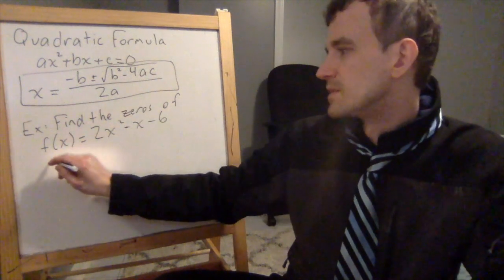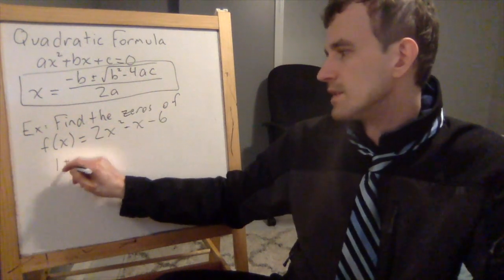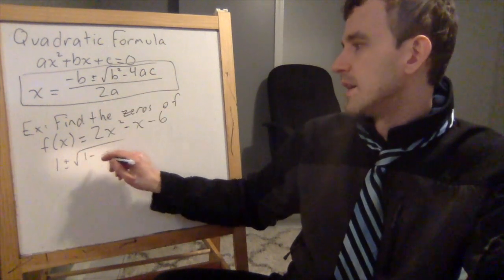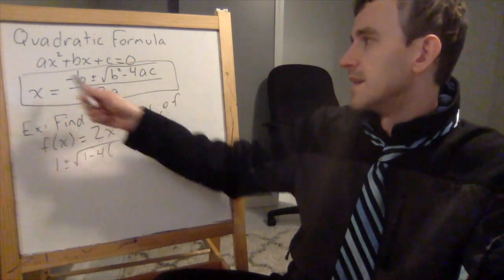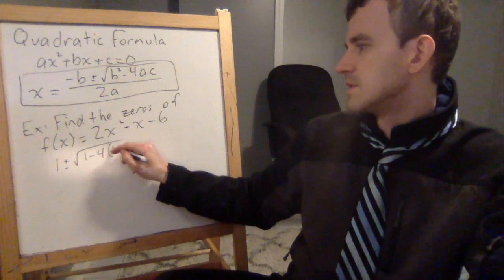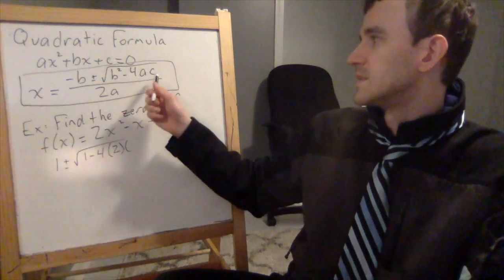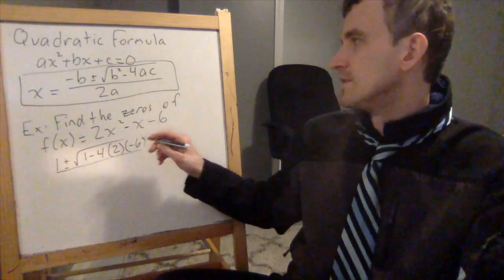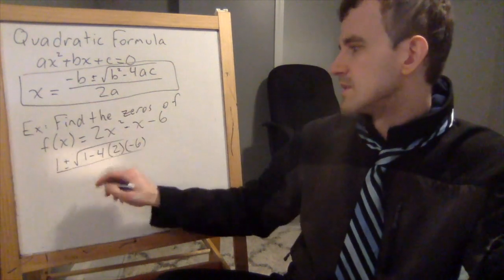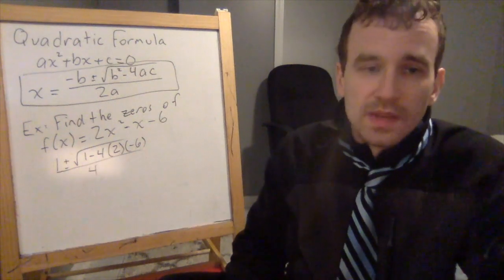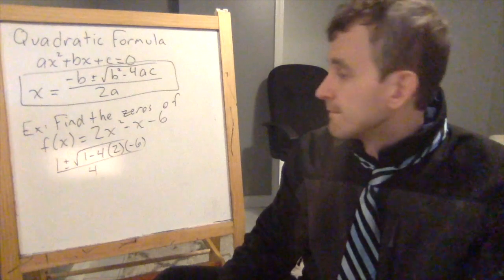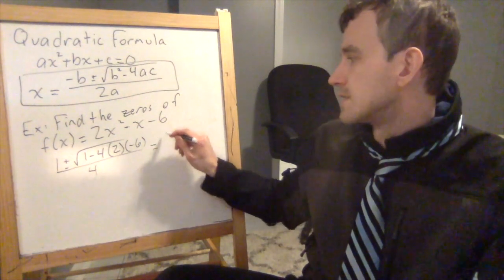So negative b is positive 1, plus or minus the square root of 1 squared minus 4 times a, which is 2, times c, which is negative 6, all over 2 times a. 2 times 2, which is 4. So you're just plugging numbers into the formula, and then doing arithmetic to simplify.